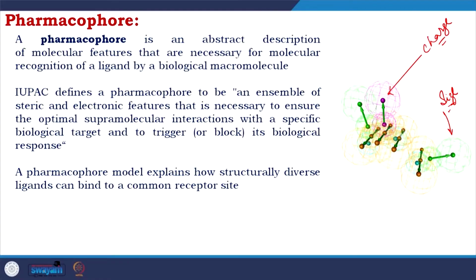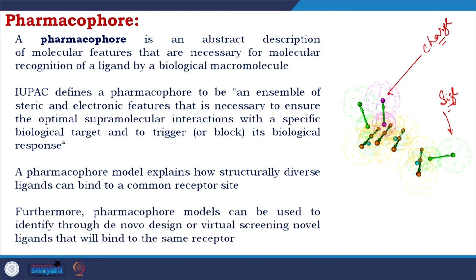A pharmacophore model explains how structurally diverse ligands can bind to a common receptor site. Furthermore, pharmacophore models can be used to identify through de novo design or virtual screening novel ligands that will bind to the same receptor.